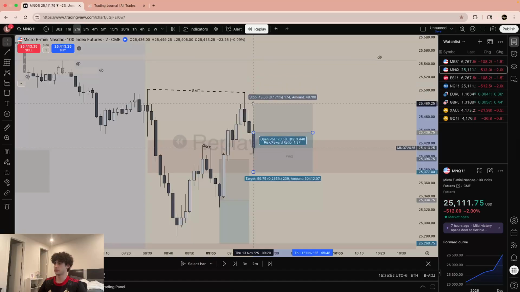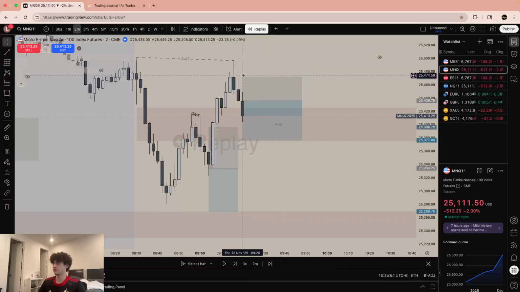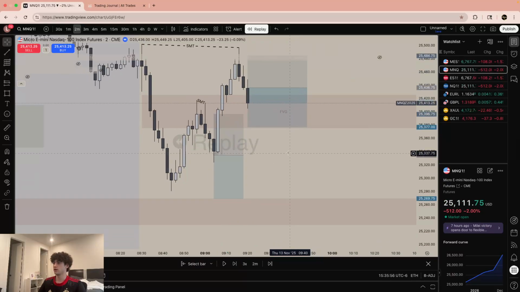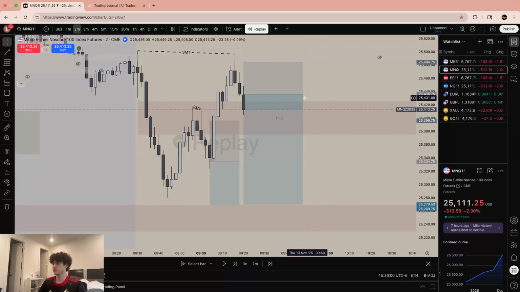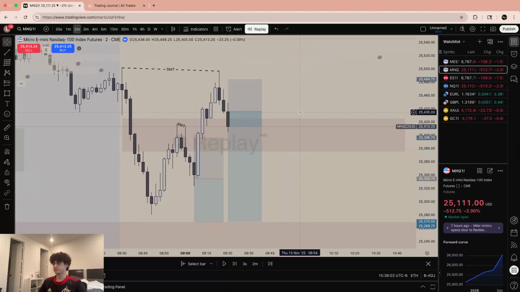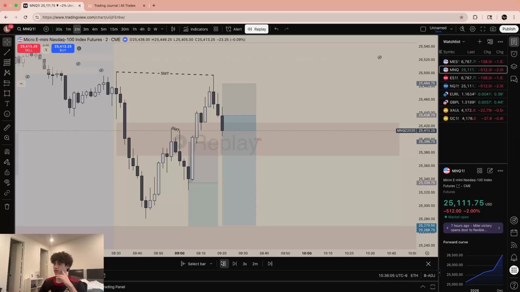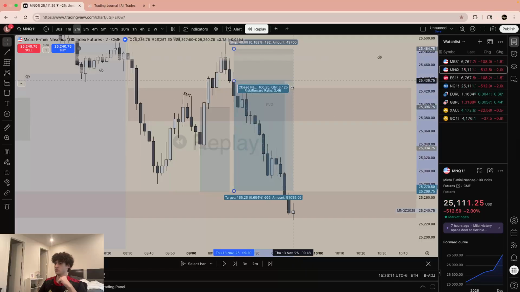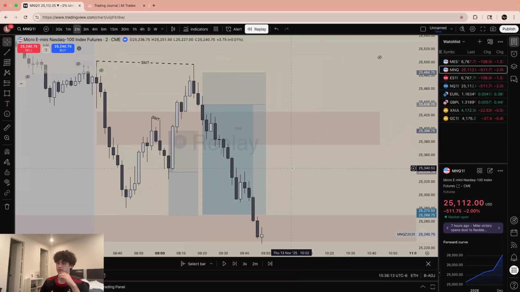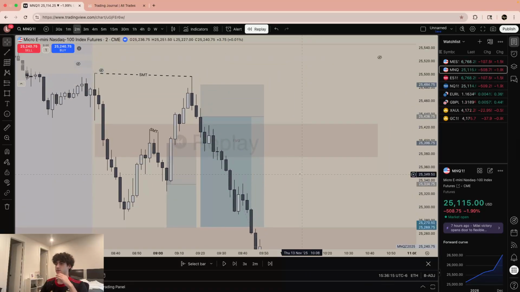You can put stops to the higher body, wherever, maybe in this wick, and then target the same thing for about 166 points. And this actually would have played really, really well. I think it eventually hit, yep. So a bit unfortunate that we took that loss earlier because this happened and it was really good.